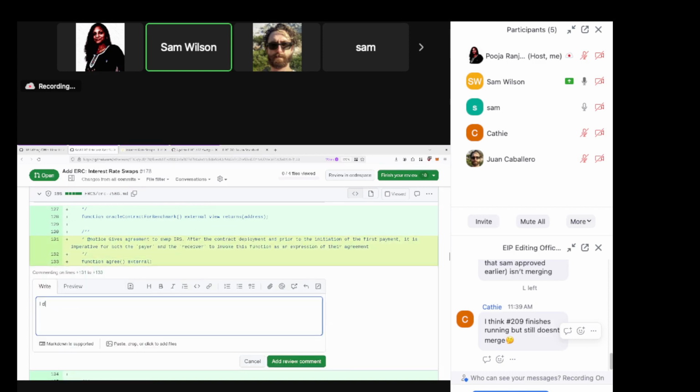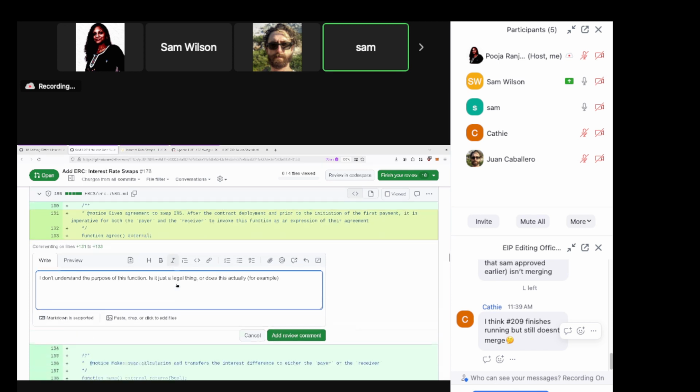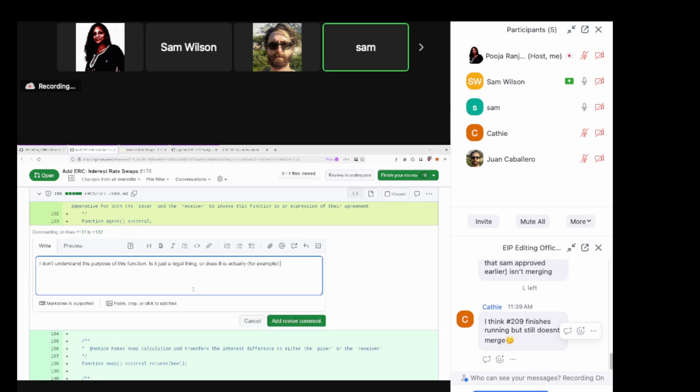It's a logical thing, because both the two parties need to agree before they can exchange interest rate.